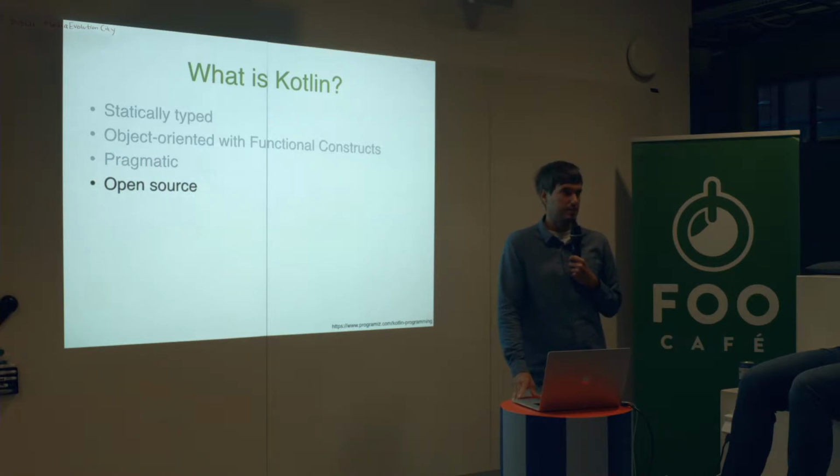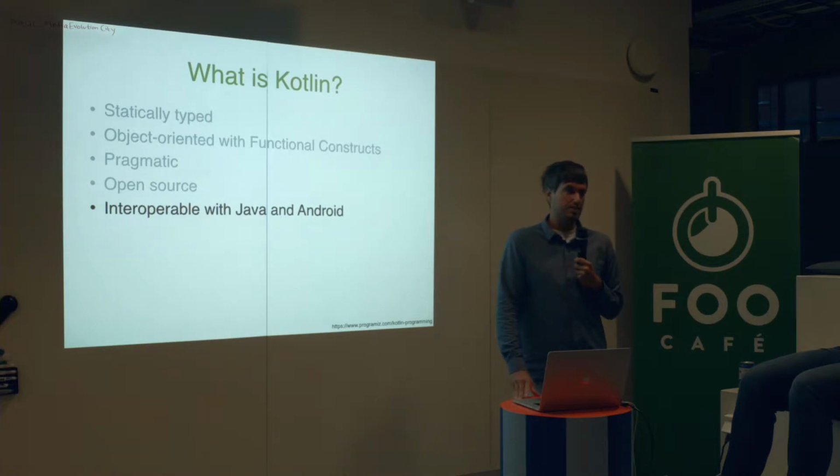It's open source, under the Apache 2 license, both the compiler and the IntelliJ plugin. It's designed to be interoperable with Java and Android, so this was really a goal of Kotlin from the start.